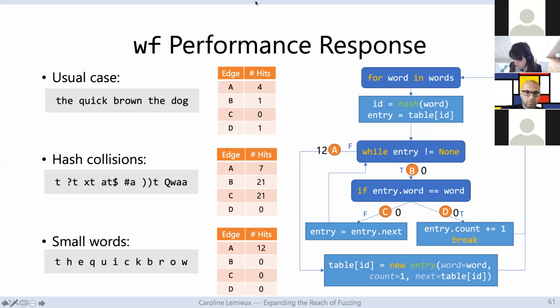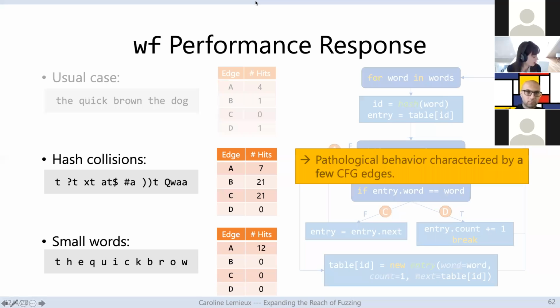OK, so with this in mind, we can ask ourselves, how can we consistently find inputs that have this worst case performance? I'm going to highlight here these maps of these edges to these hit counts. How can we make sure we consistently find this kind of worst case performance?